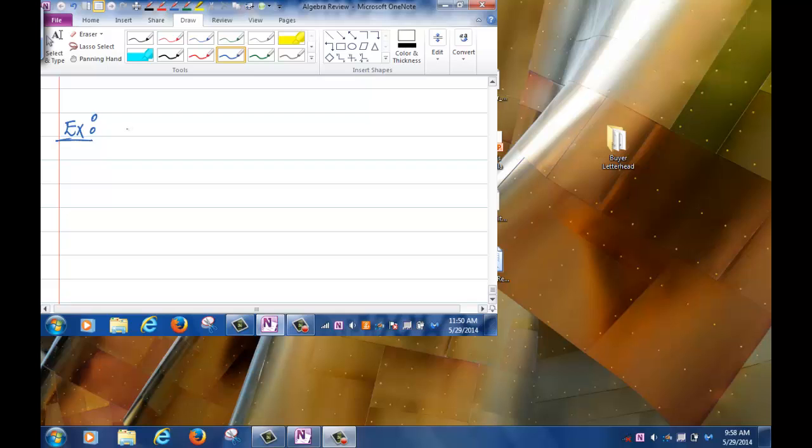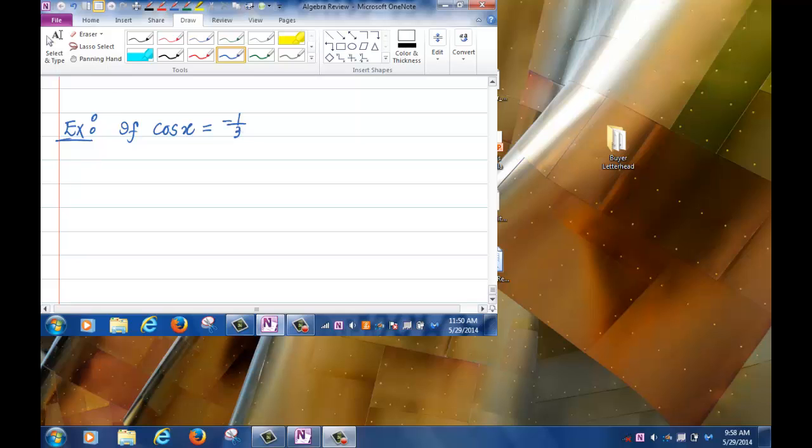Example: suppose that cosine of an angle x is negative 1/3. One of the reasons math is sometimes confusing is all these symbols are used to mean different things at different times, right?